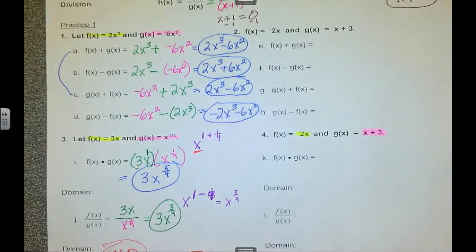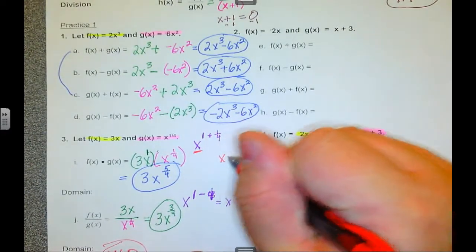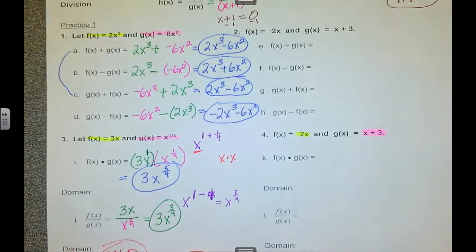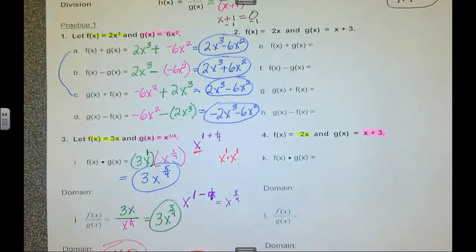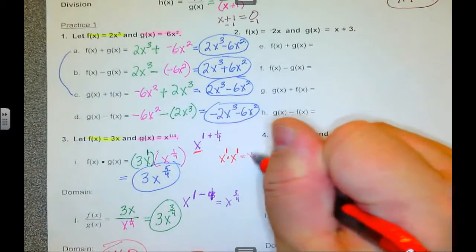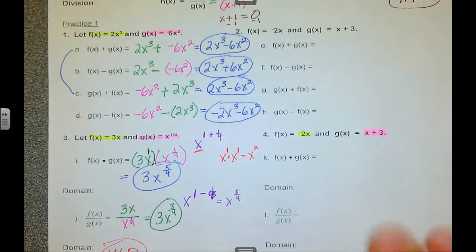I'm multiplying with the same base. I'm going to add the exponents. That's the rule. Now, if I had x times x, I'm actually adding the exponents. 1 plus 1 is 2, x squared. Yes, except for 0.